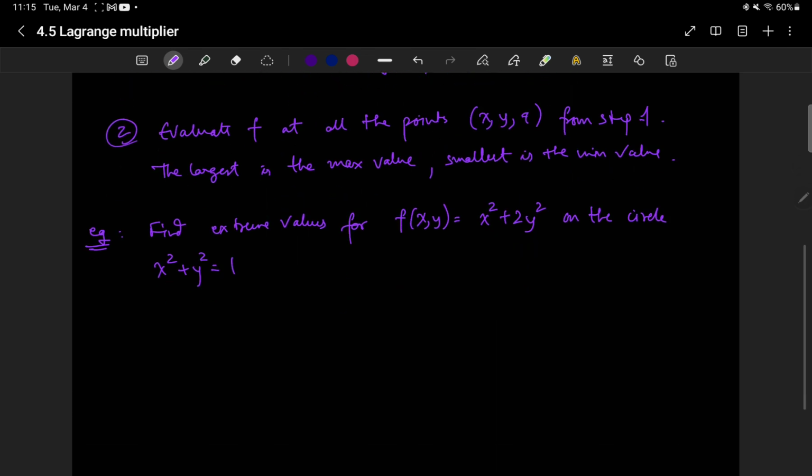First of all, you have to identify the constraint. The constraint, of course, is x squared plus y squared equals 1. In this case, this is a two variable scenario, not three. So it even works for two, but the powerful thing is that it works for more than two as well.